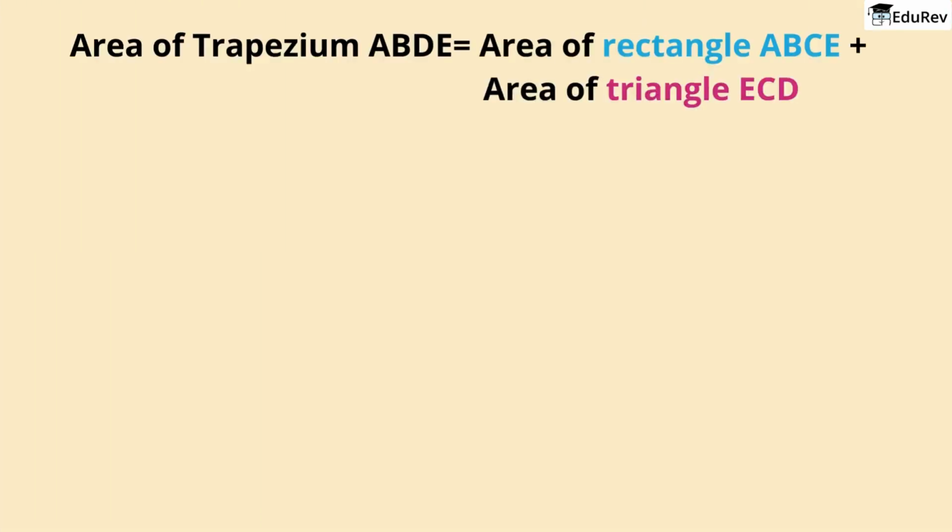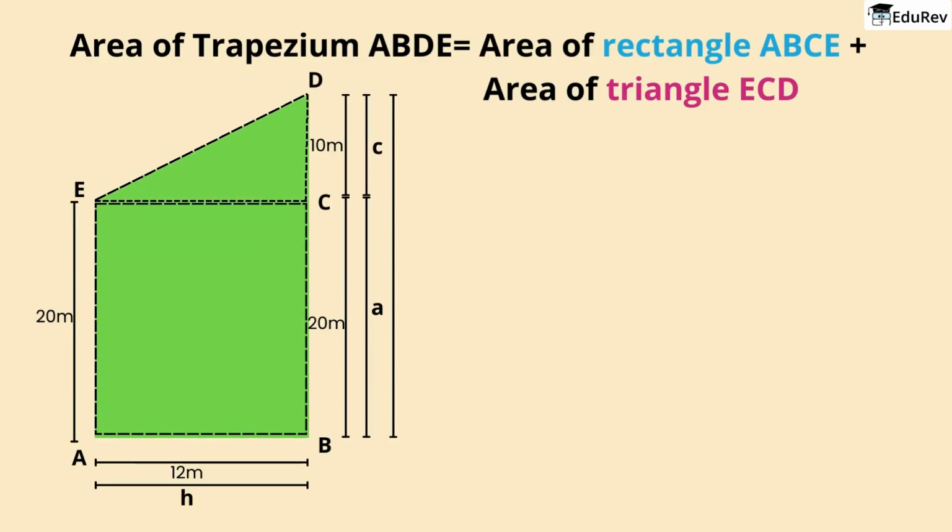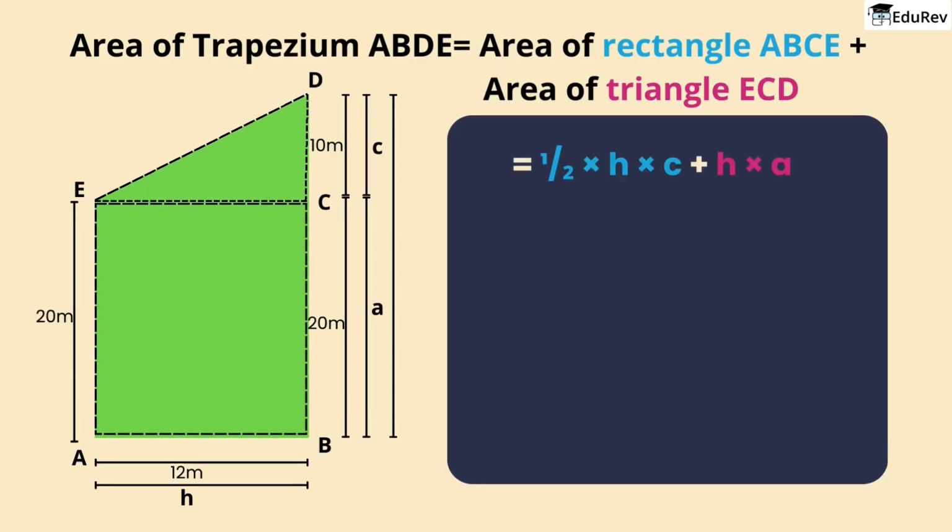We can also write the area by combining the two areas: the area of trapezium ABDE is equal to half times H times C plus H times A, which can be resolved further as shown in these steps.